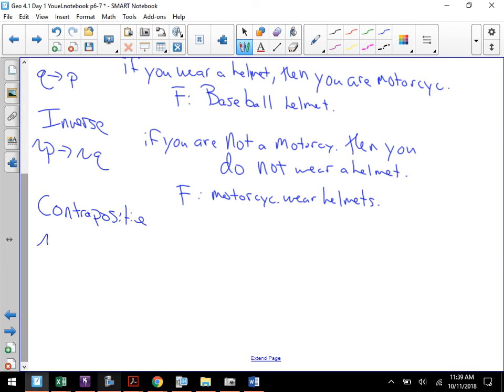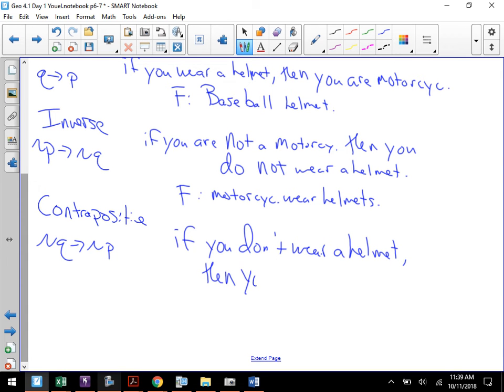Not Q, not P. If you don't wear a helmet, then you are not a motorcyclist. Well, I guess if you don't wear a helmet, you're not a motorcycle. It's true because you're not a motorcycle because you're a human, but then you are not a motorcyclist.